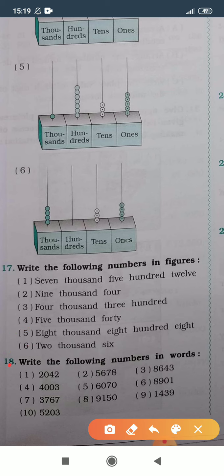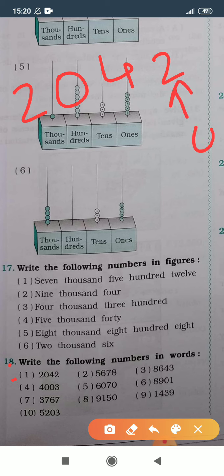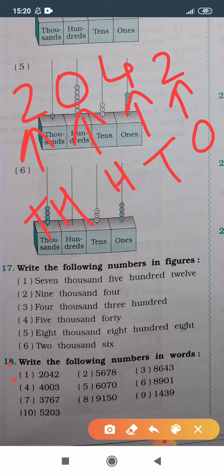Let's move further, that is question number 18. Write the following numbers in words. Now the first one is 2042. First we'll write the place value of these numbers. 2 is on ones place, 4 is on tens place, 0 is on 100 place and 2 is on 1000 place. 0 will not be considered when we pronounce the number.